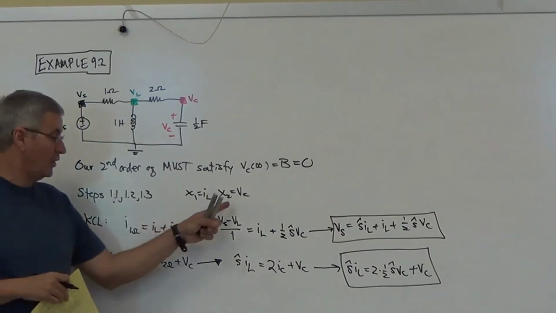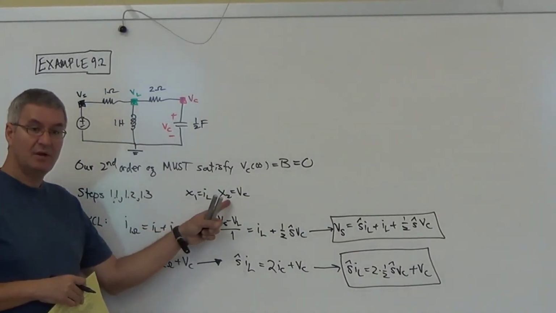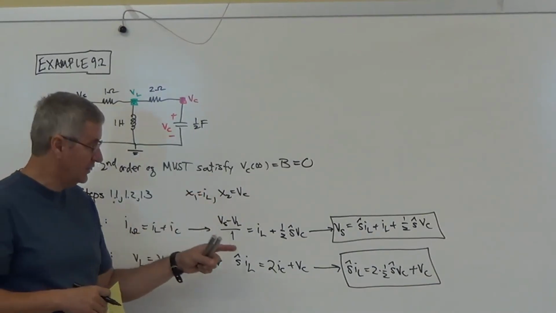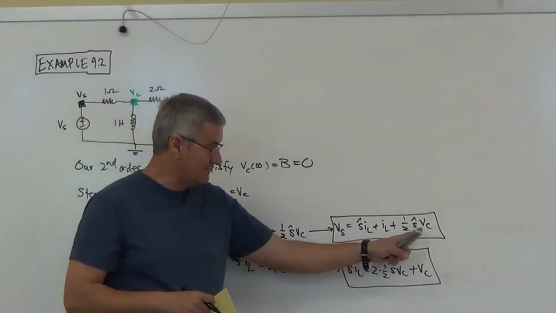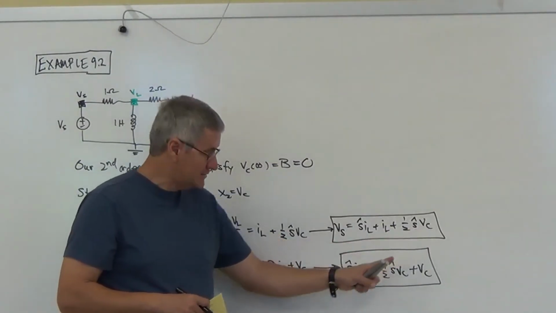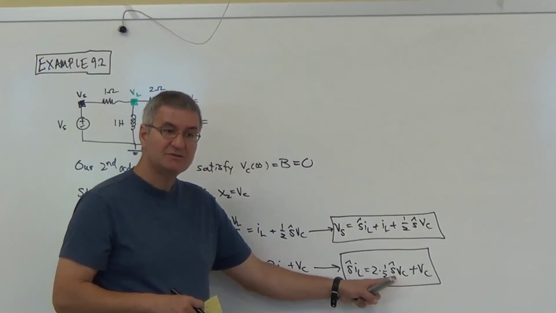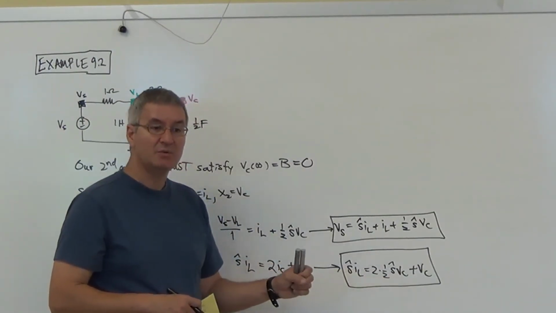Now look, what do we do with x2? x2 tells us about the initial condition. See how I have this guy right here? And see how this guy comes up right here? Which one's x2? You don't have that.